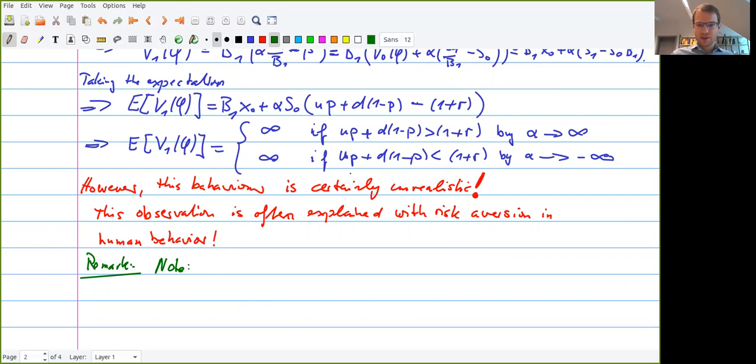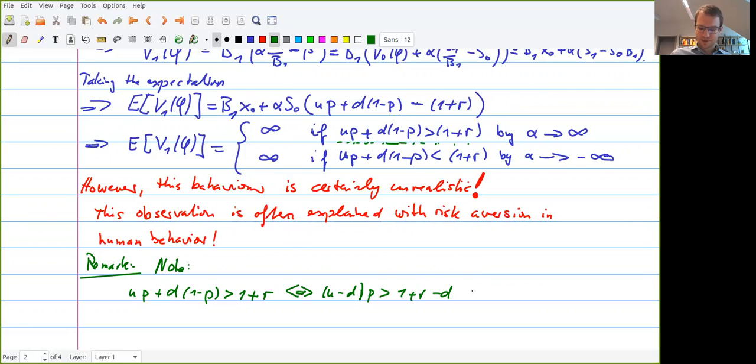If I look at the first condition here, where I want to put all my money into the risky asset, this is the condition I face here. So what does it tell us? Because we are mathematicians, let me do some simple algebraic reformulations.